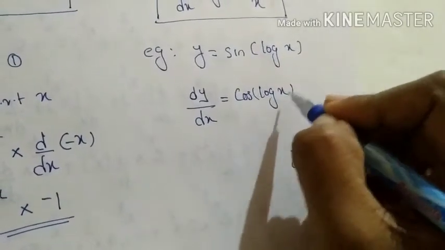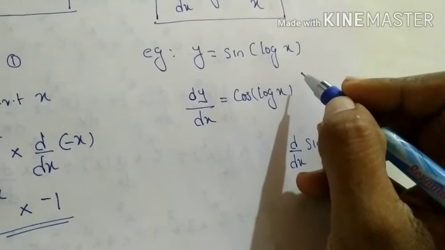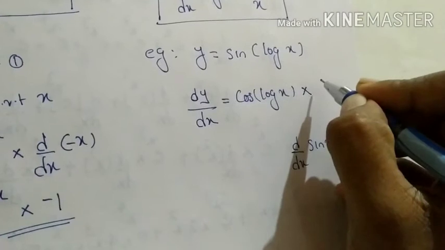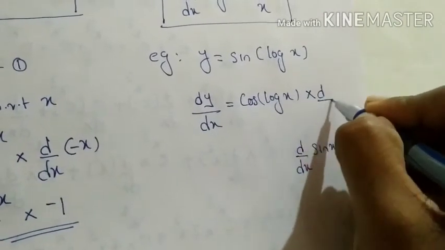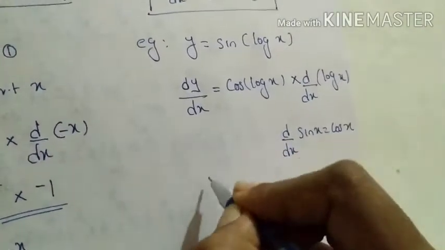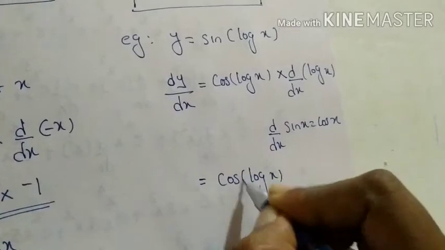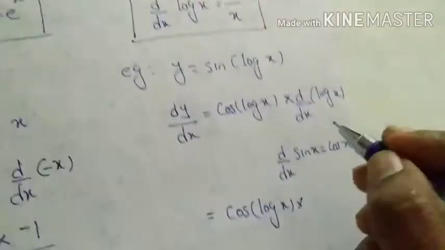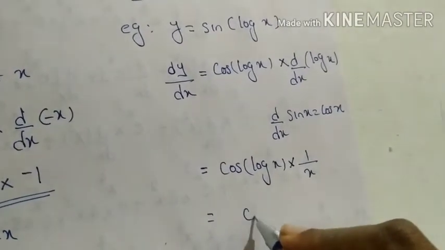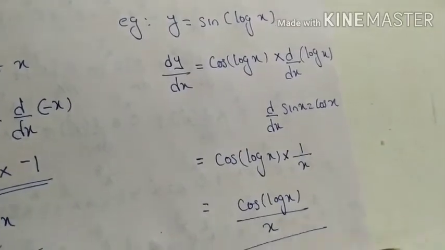Here log x is another function, so we need to use the chain rule and calculate the derivative of log x. So it will be equal to cos of log x into derivative of log x, which is 1 by x. The final answer is cos of log x whole divided by x.